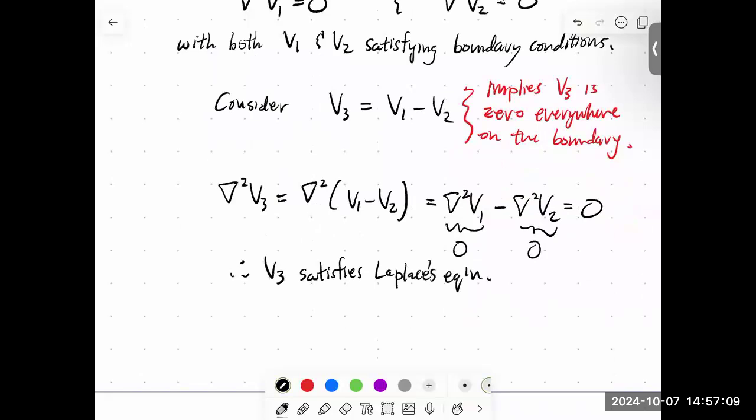All right. If it's zero everywhere on the boundary, what must V3 be inside the boundary? Zero. Why? Because that's the average of all the, or not the average, but yeah, that's right. So our solution cannot have any extreme points except on the boundary. But if the boundary is zero everywhere, that means the minimum of V is zero and the maximum of V is zero. And so the only possibility is that V3 is zero everywhere.